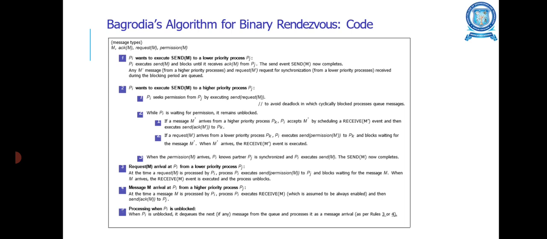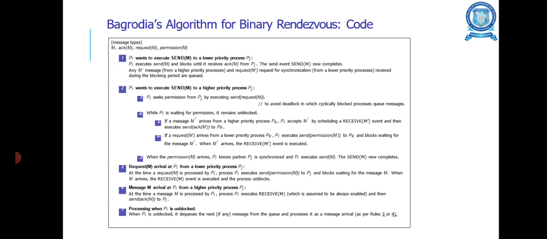And the next step is a send request of message arrival at Pi from a lower priority process. At the time the request message is processed by Pi, it executes the send of permission and blocks waiting for the message M. When M arrives, the receive of M event is executed and the process unblocks.